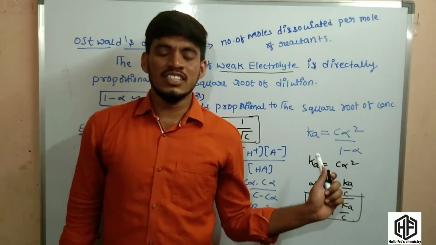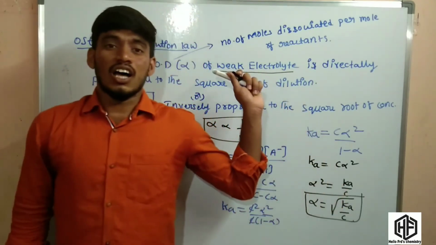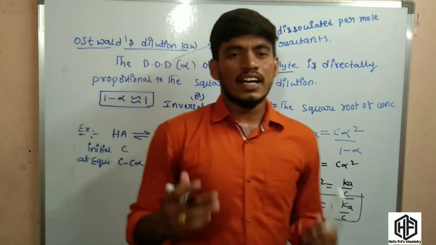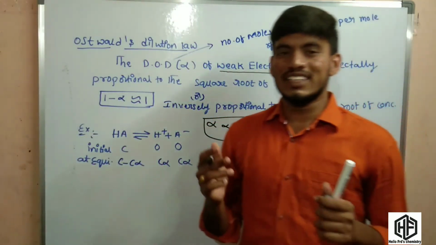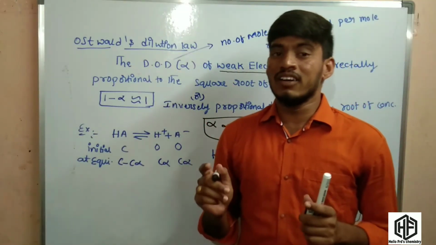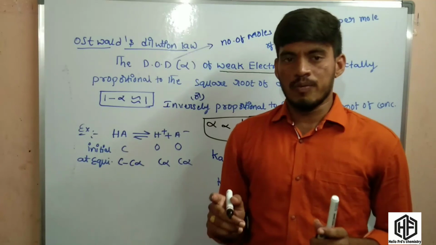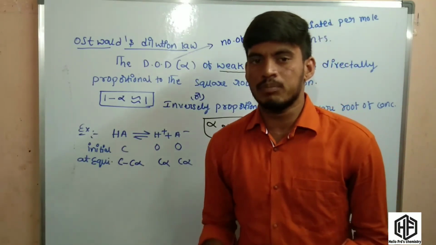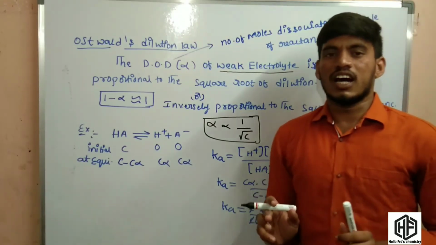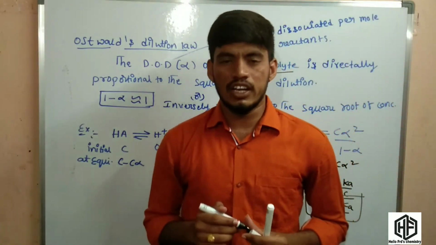This is called Ostwald dilution law: the degree of dissociation of a weak electrolyte is directly proportional to the square root of volume, and inversely proportional to the square root of concentration. This is the concept of the Ostwald dilution law.